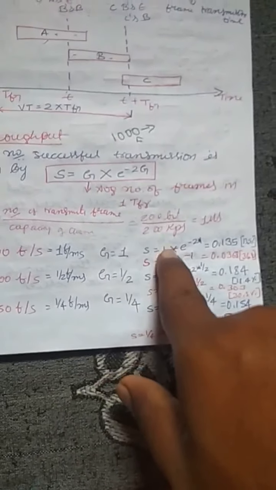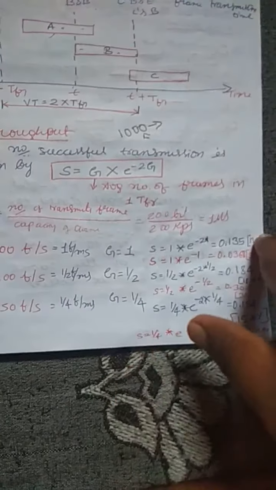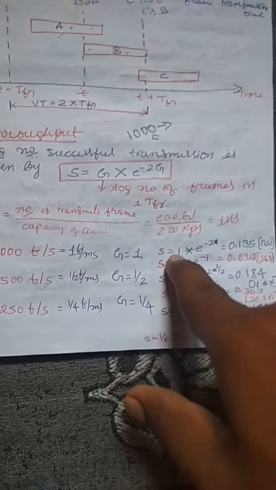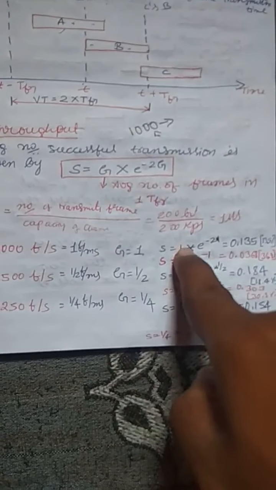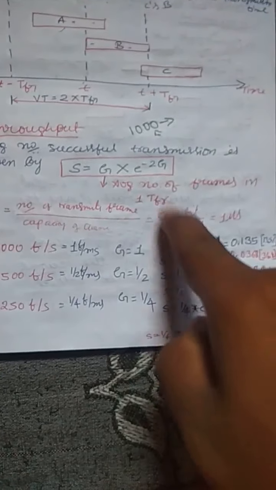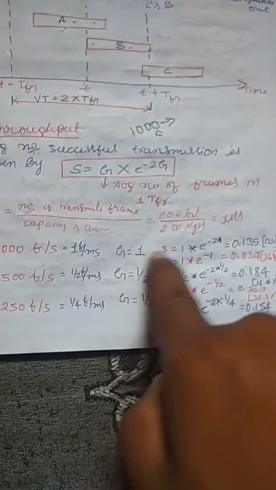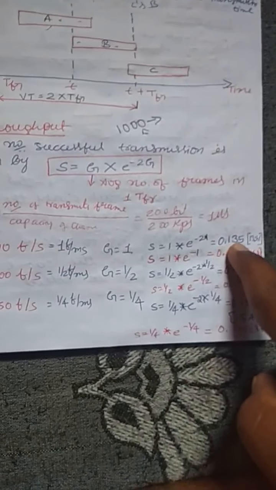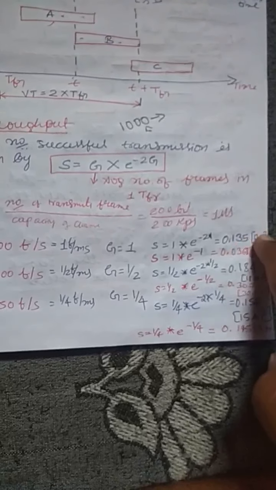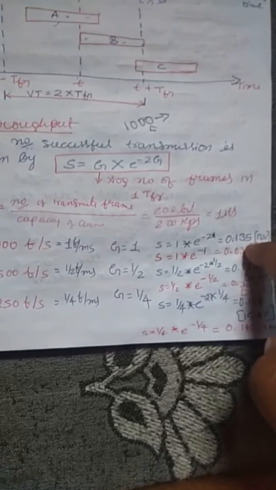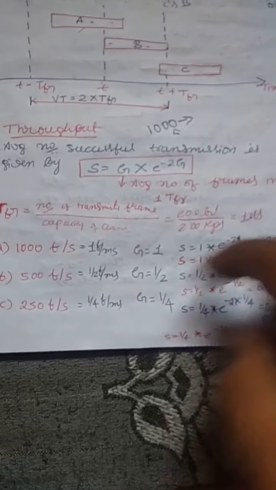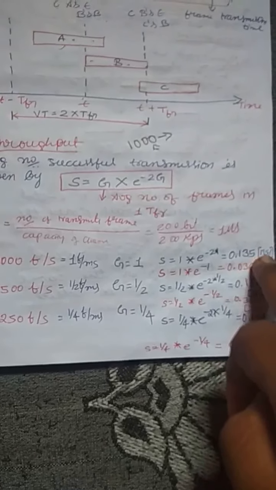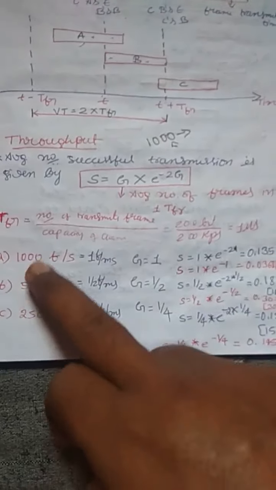Then I will apply it. Only concentrate on this blue color explanation. S is equal to G, value 1, e to the power of minus 2 into G, value 1, we will get 0.135, which means 13.5 percent. Out of this 1000, only 13% will be successful.